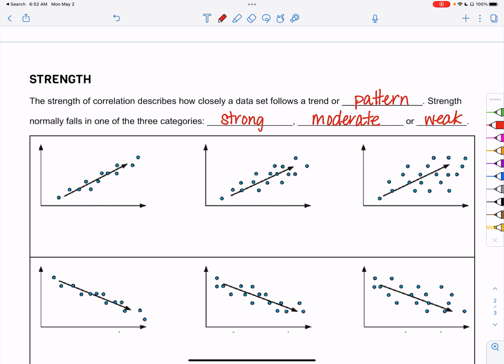If we look at the top three graphs here, the first graph on the left is what we consider a strong positive correlation. The middle top graph is what we call a moderate positive correlation.